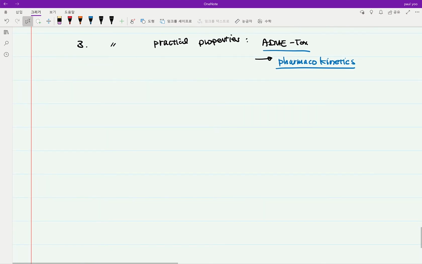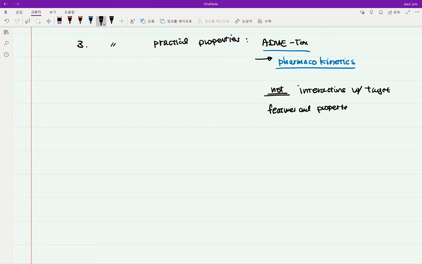For pharmacokinetics, we don't talk about interactions with the target. We talk about the features and properties of the molecule itself.